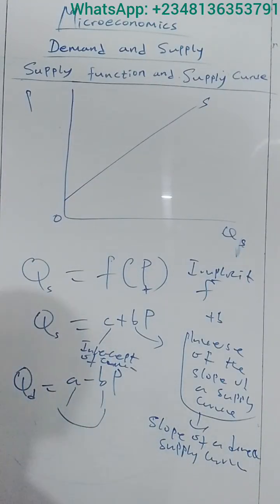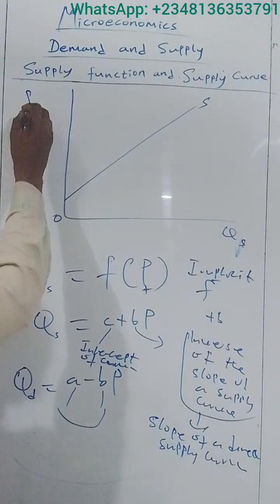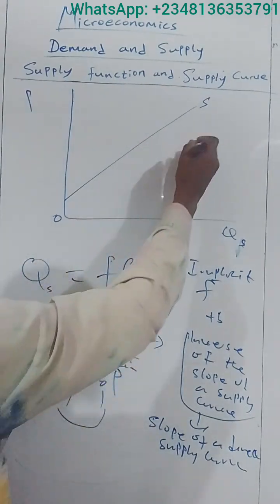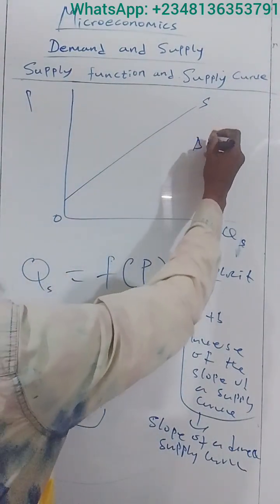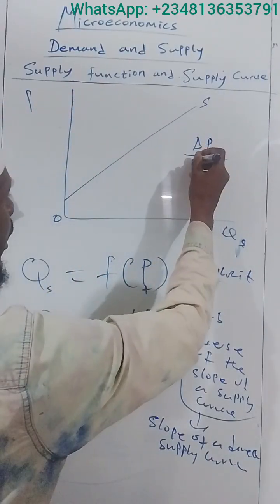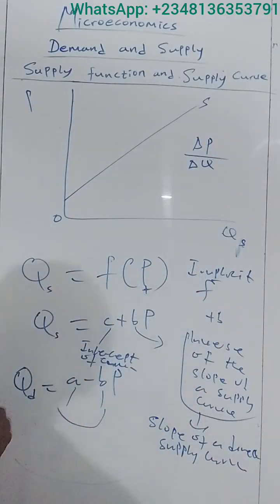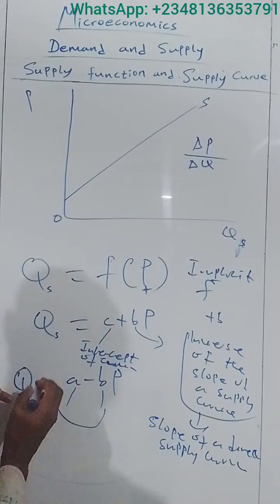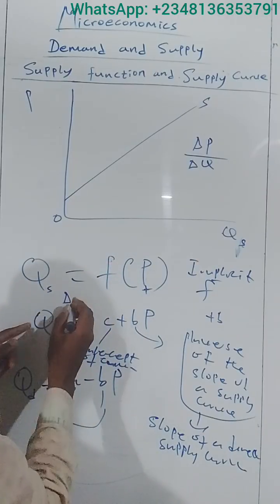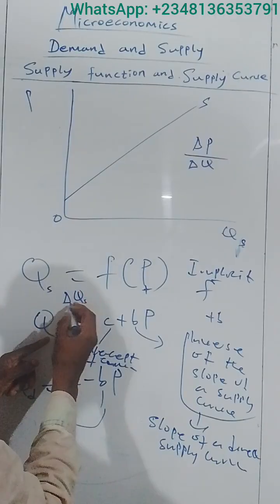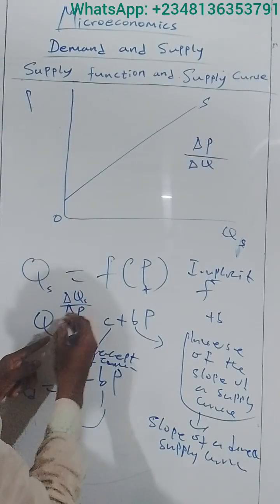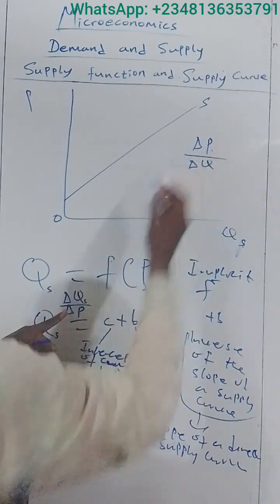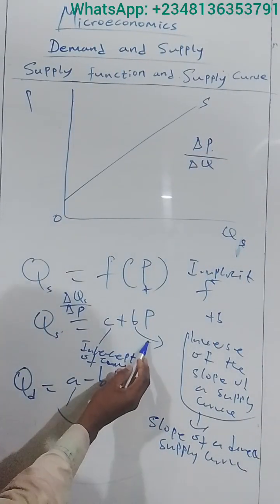And this is P, this is Q. If I want to know the slope of this supply curve, the slope is simply the change in P, that is the vertical increase, divided by the horizontal increase, Q. But if you look at this function here, from this function, I can only have the change in Qs over the change in P. You can see this is the inverse of this. This is a direct supply function.